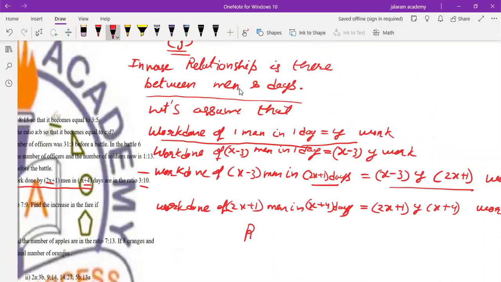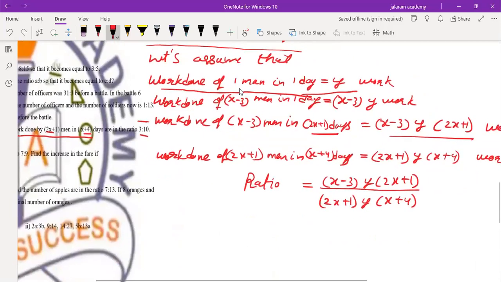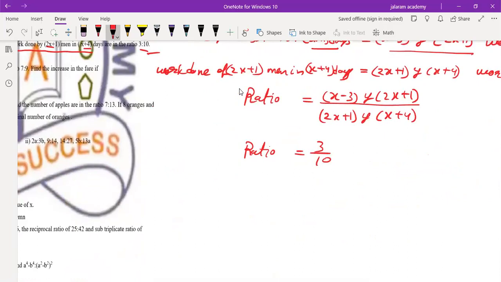So first we find the ratio in our assumption, that is x minus 3 into y into 2x plus 1 over 2x plus 1 into y into x plus 4. And according to the question, the ratio is 3:10. So we are using the concept of word problems in this question also.